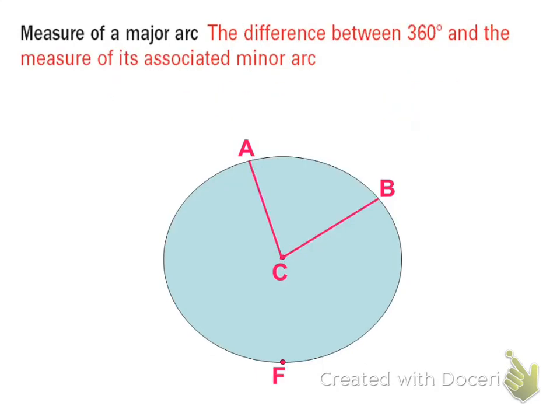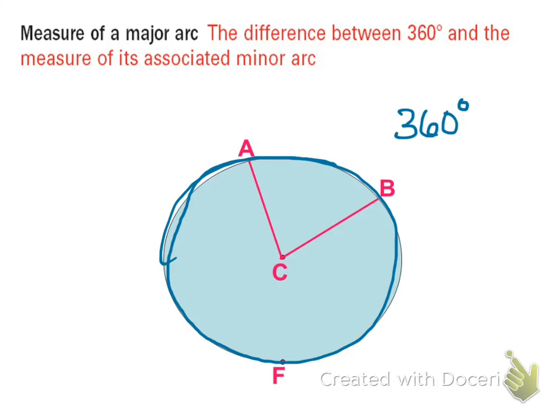To find the measure of a major arc, you would find the difference between 360 degrees and the measure of its associated minor arc. Remember that the degree measure of an entire circle all the way around the circle is 360 degrees.